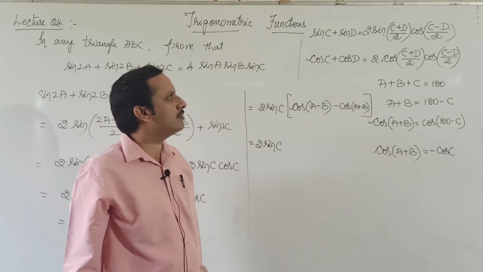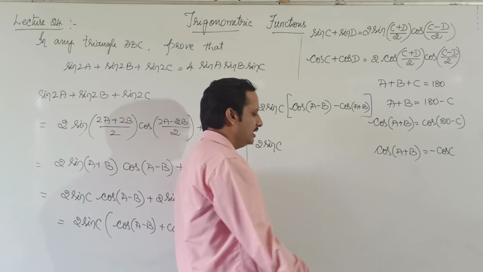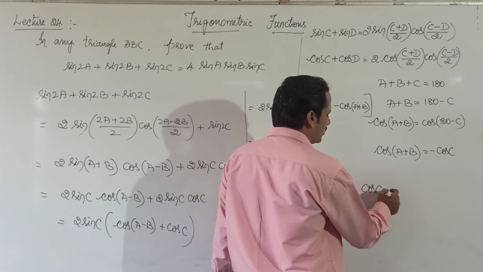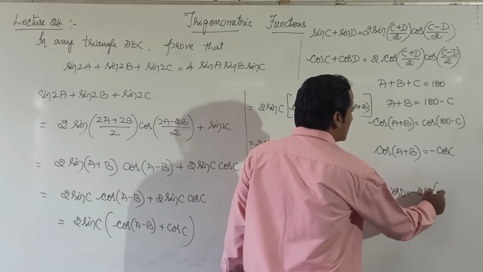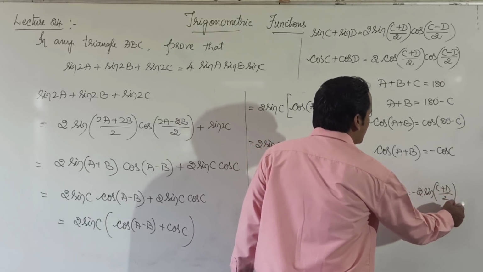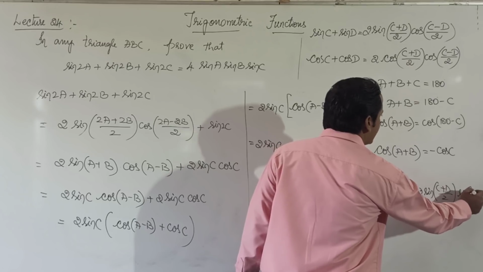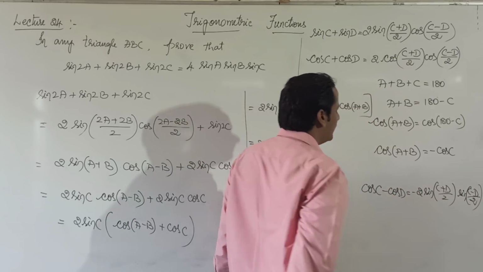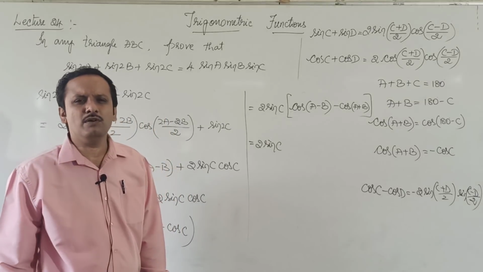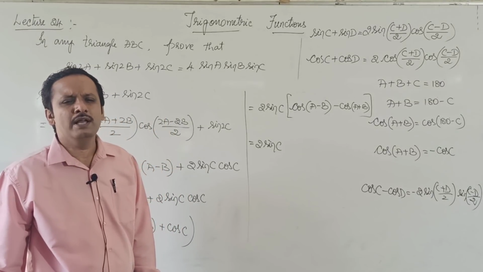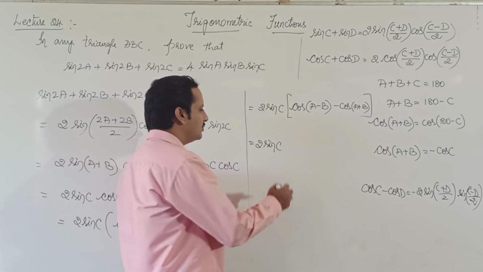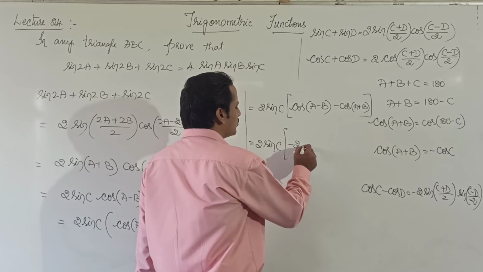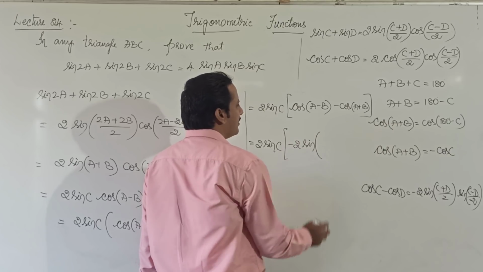This is of the form cos C minus cos D. I will just write here the formula: cos C minus cos D is equal to minus 2 sin C plus D by 2 into sin C minus D by 2. This is the formula we have. So this will be minus 2 sin C plus D by 2.